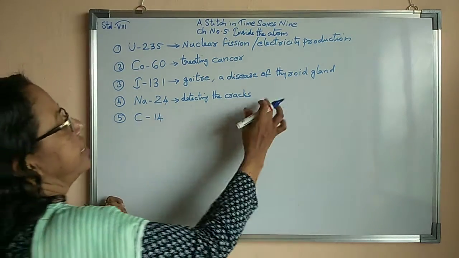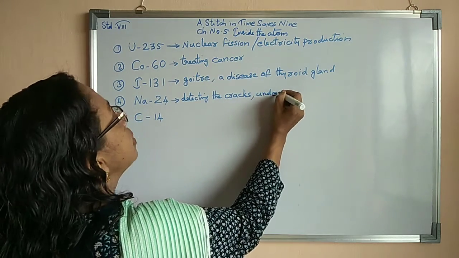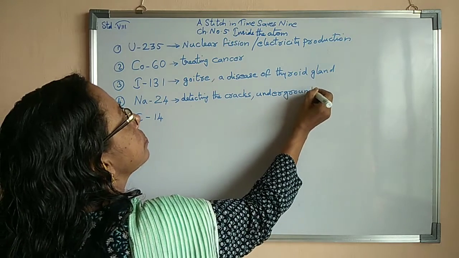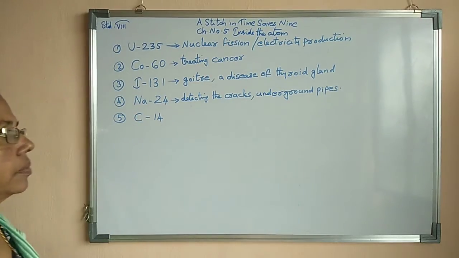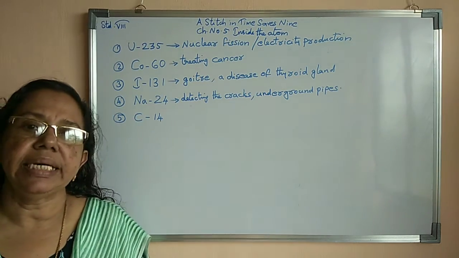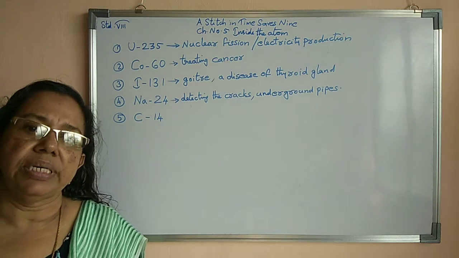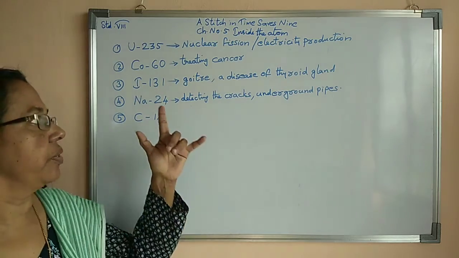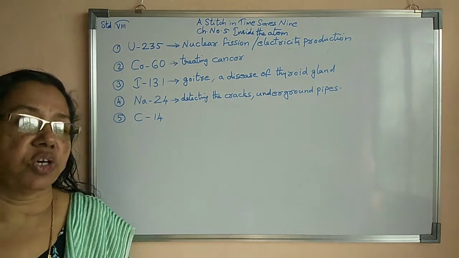For finding that we are using sodium 24. All pipes are passing through underground only. So whether there are any cracks in them, for finding that we are using sodium 24 radioactive isotope.